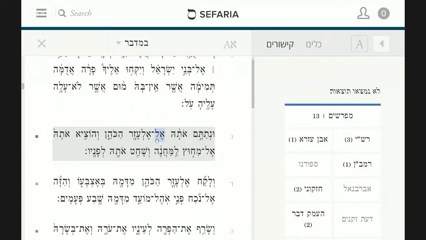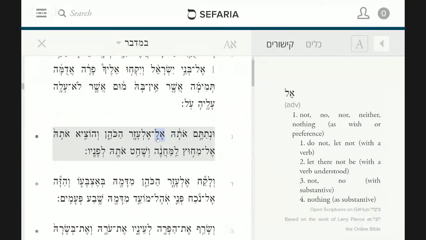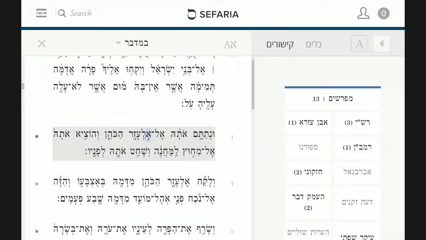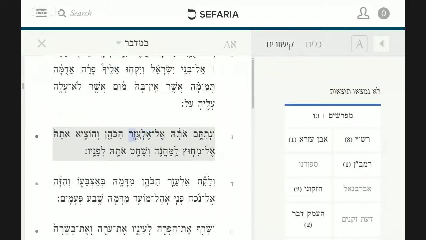El, we run into this a lot. This just means to or toward. In this case, it's to. El Azar, and this is the name of one of Aaron's sons. You can see God has helped is the translation of his name, because we have God, El, over here, and the helped is Azar.